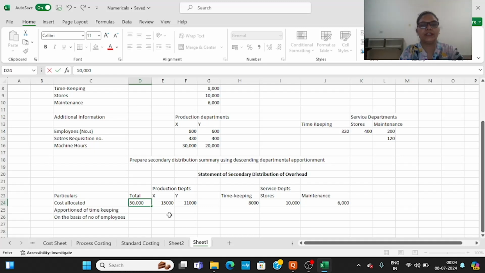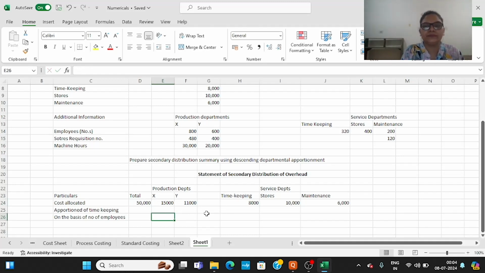This 8,000 we need to allocate in X department, in Y department, and it will be apportioned in stores department and maintenance department.